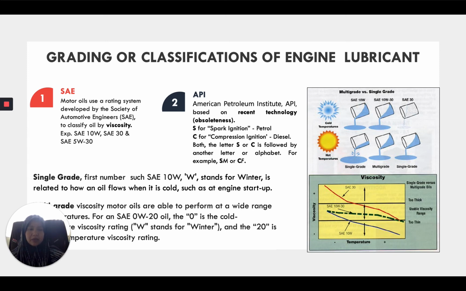And compared to the multi-grade, which is the SAE 10W30, is good at the cold temperature and also good at the hot temperature because the thickness level is okay. And then SAE 30 is not good at cold temperature because the thickness is very thick. Okay, the oil viscosity is very thick, and at hot temperature it will be okay.